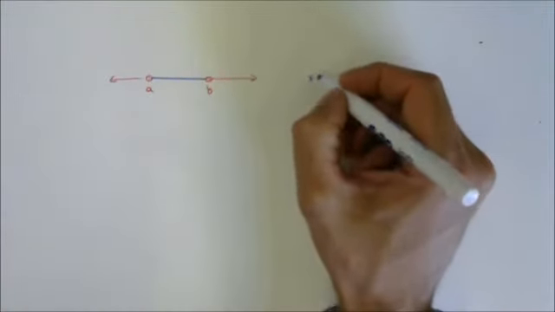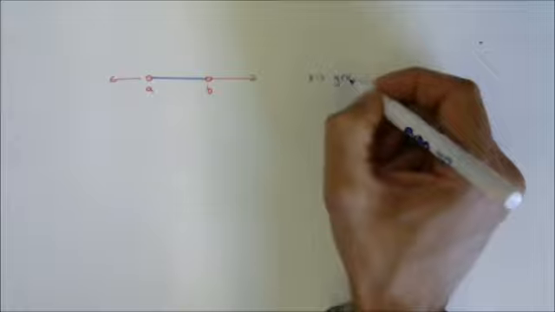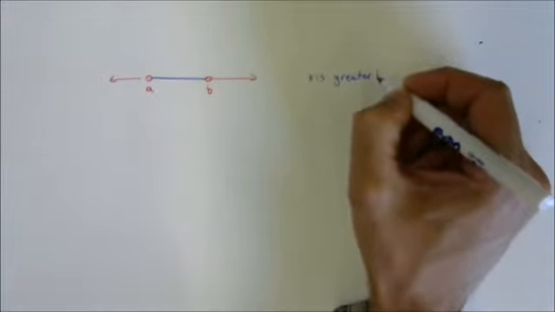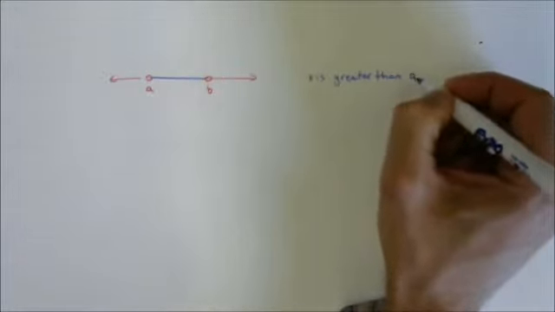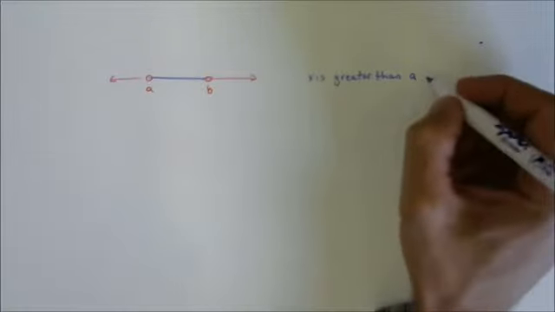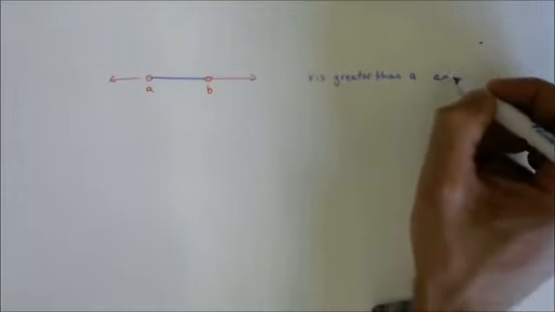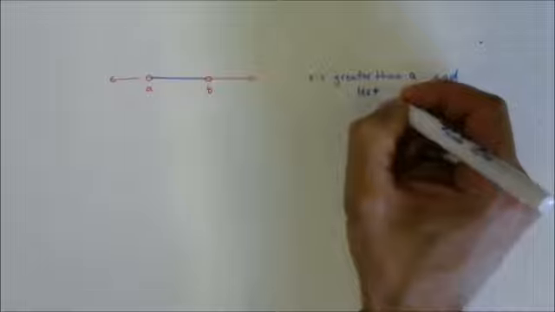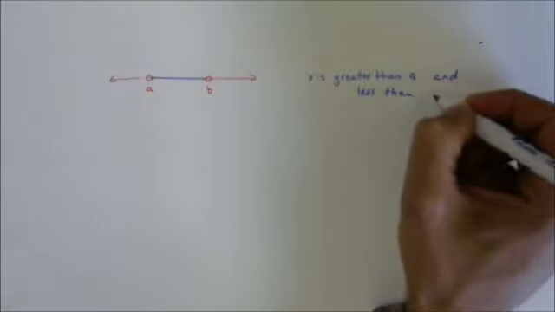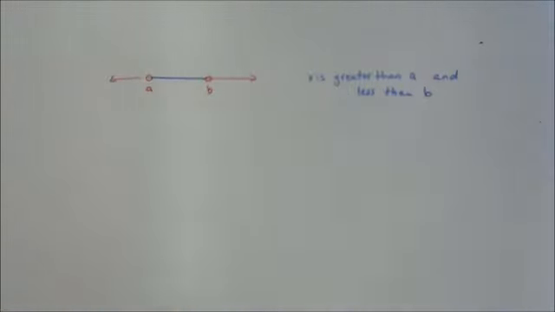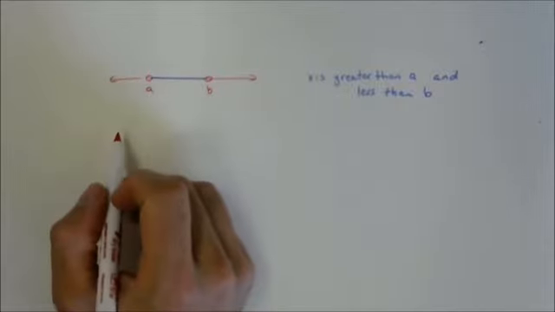And then we have X is, what word is missing? It's greater than A and less than B.